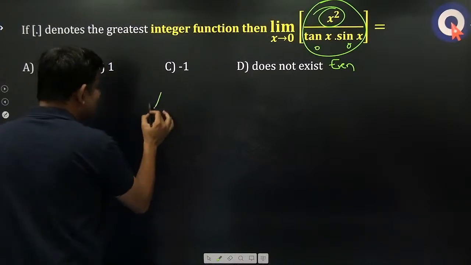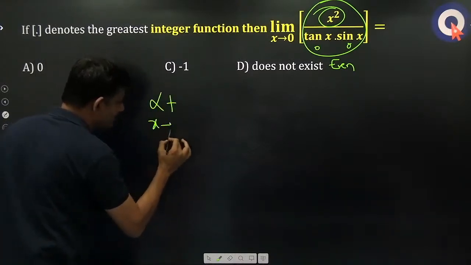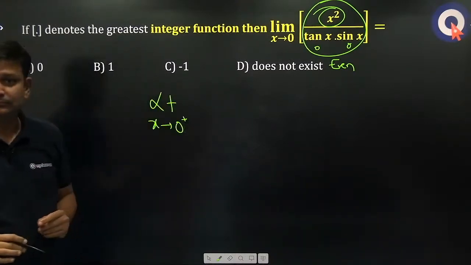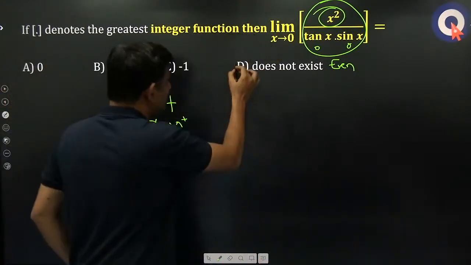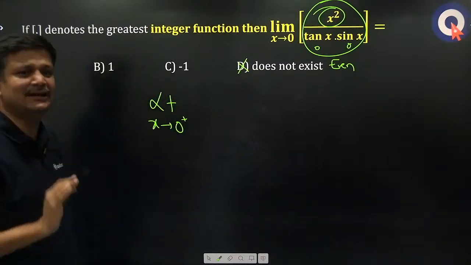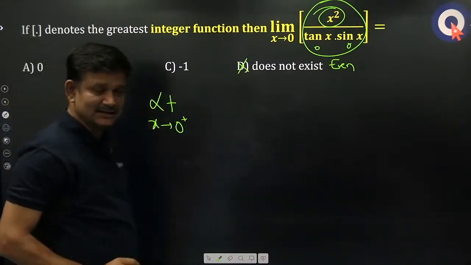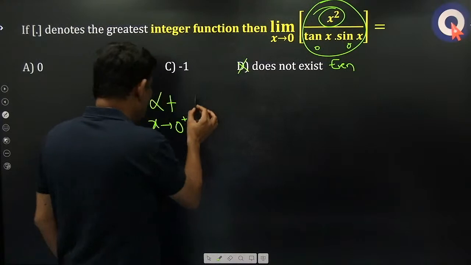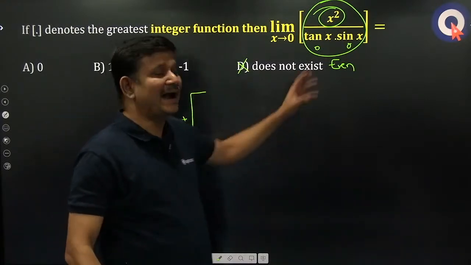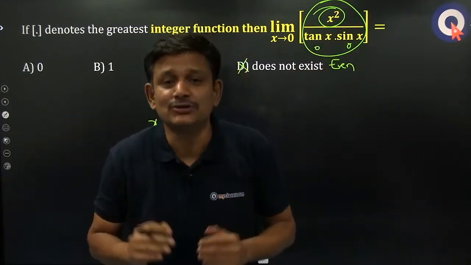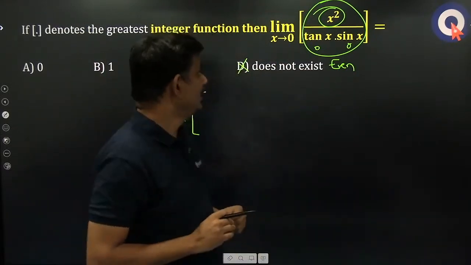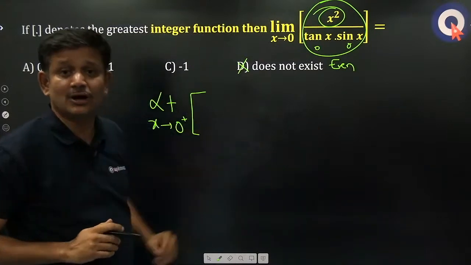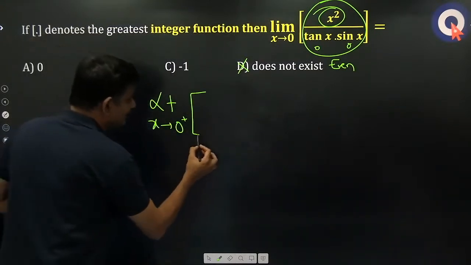So limit as x tends to 0 plus, if at all you evaluate this, is as good as evaluating the other side. So the option of does not exist does not arise here. The answer is either 0 or 1. This is the beauty of understanding. Whenever you are doing a limits question, understand the function in its totality. That will reduce a lot of steps for you.